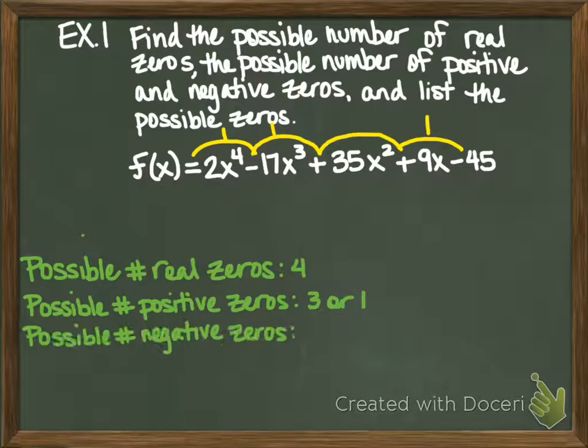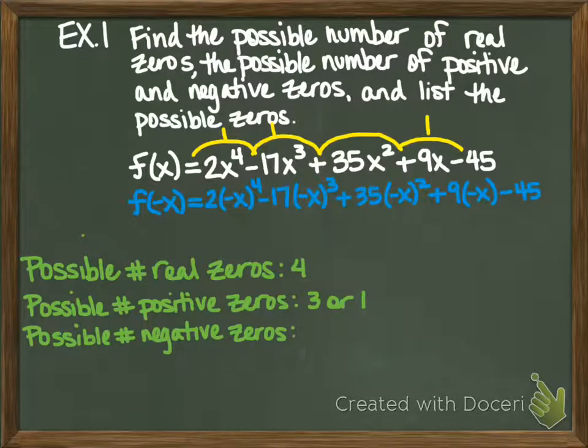Okay, and then for negative solutions, I have to change my function to f of negative x. So everywhere there's an x, I'm going to substitute a negative x in parentheses and simplify. So 2 times negative x to the 4th is going to change to 2 times x to the 4th. Any negative to an even exponent is going to become positive.